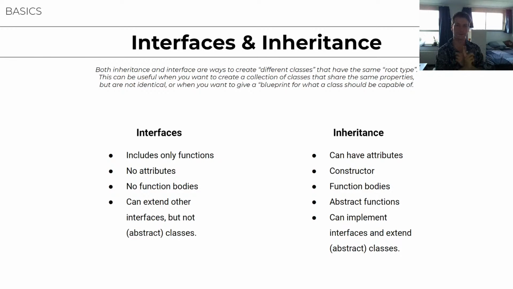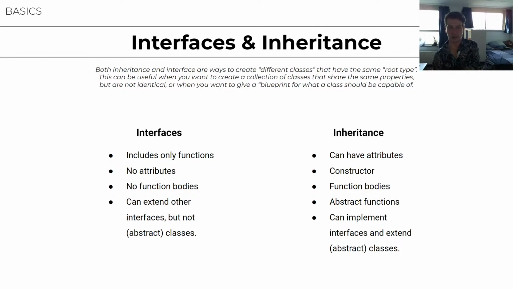Interfaces can only have functions, and they don't have attributes, and they don't have function bodies. Sort of. There are exceptions, just assume that they don't have function bodies. So you cannot already implement a function. You can implement multiple interfaces, but you can only extend one class.